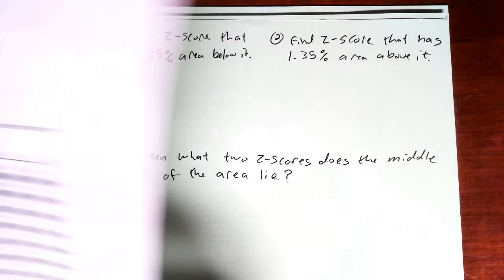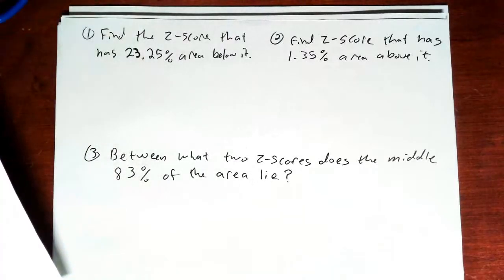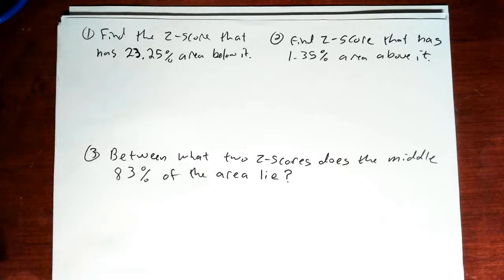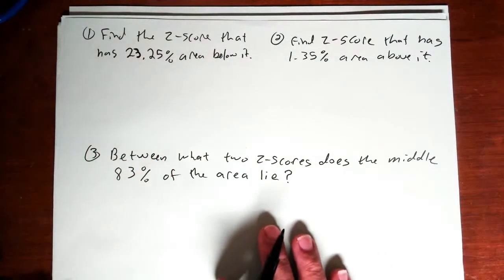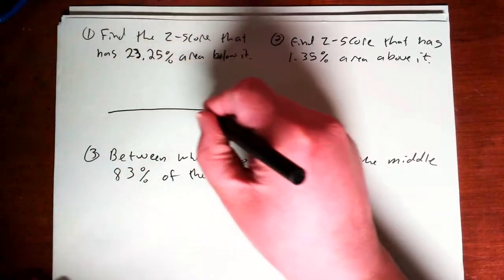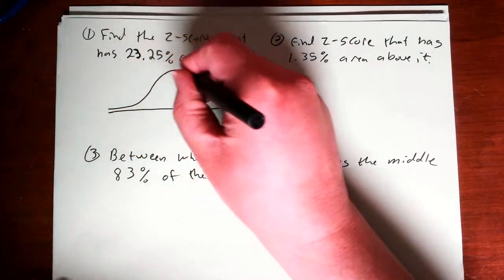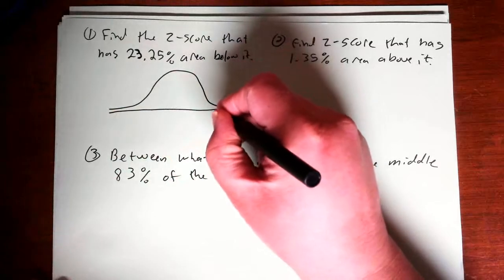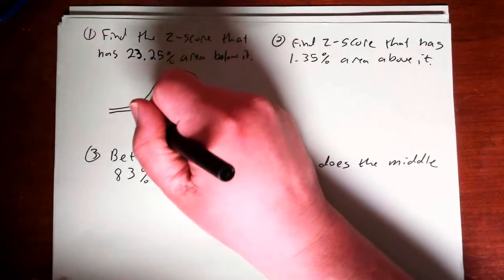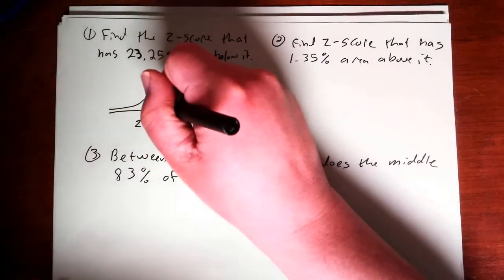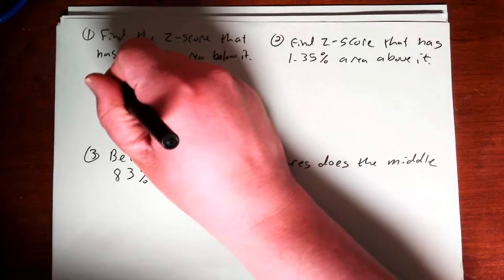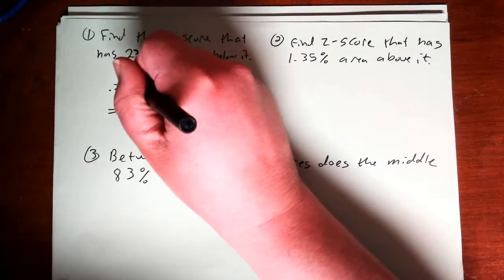Okay, so let's see how you did here. We're going to need the table. This first one says find the z-score that has 23.25% of the area below it. So maybe about right here, and we'll say that this area here is 0.2325.